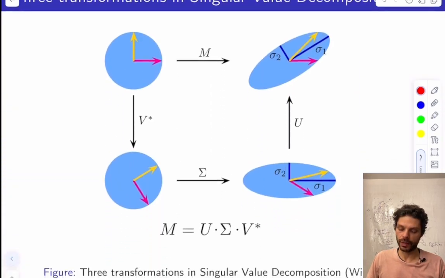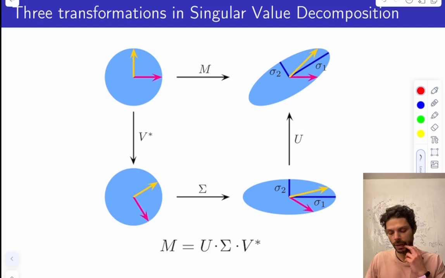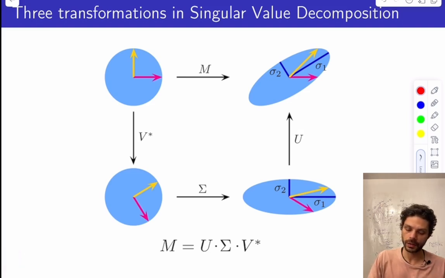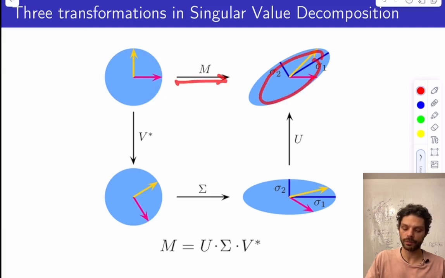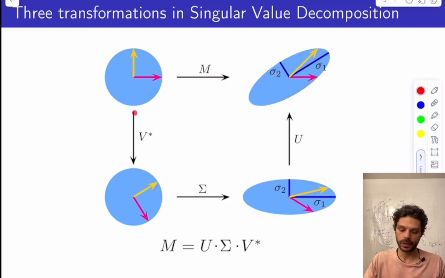Here's a picture from Wikipedia that's describing what's happening. So again, here is this transformation that's happening. We're getting the inputs, we're transforming them into this shape. Well, we can actually think about it as projecting into our V coordinates, applying a scaling, and then synthesizing back out.